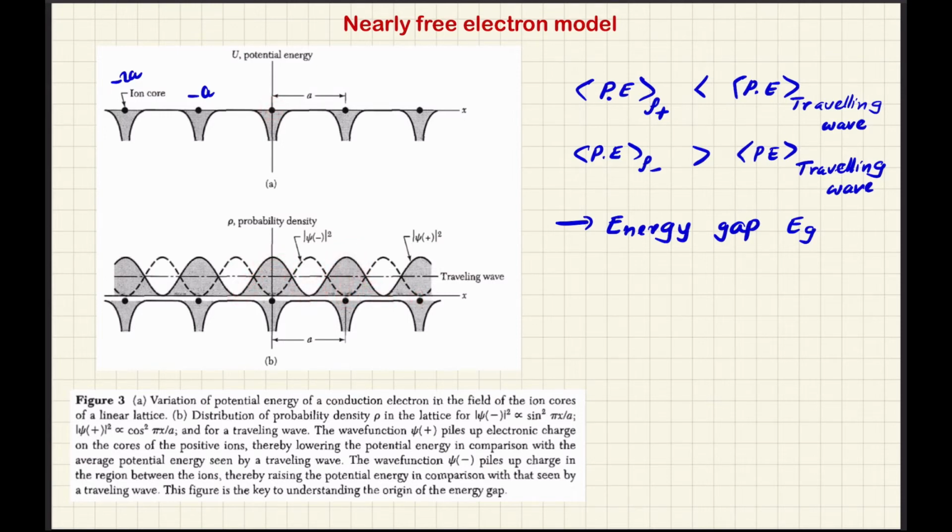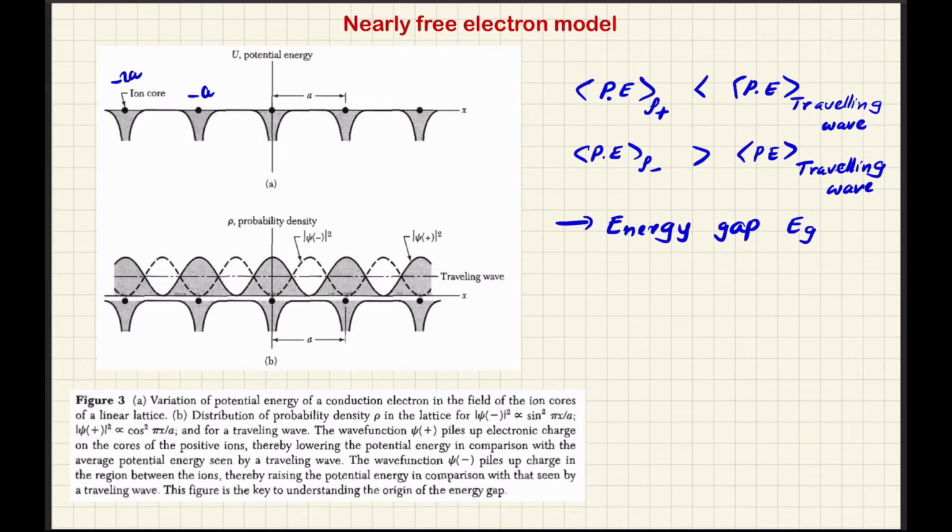So all the points separated by integer multiples of a from the origin have maximum probability distribution for psi plus. Electrons are accumulated at these points. Now, what about rho minus? Rho minus accumulates the electrons at a/2. This is shown by the dotted lines, where there will be maximum probability distribution.